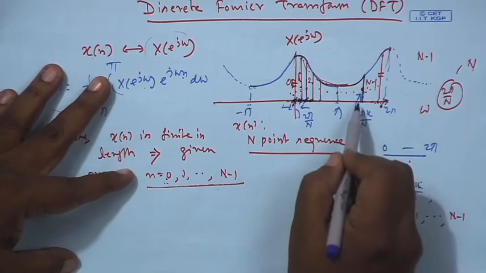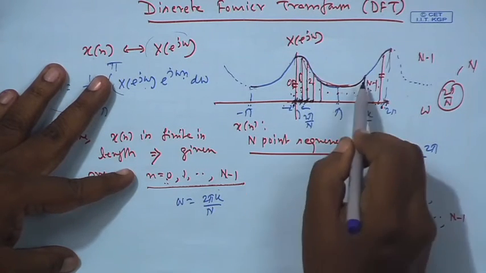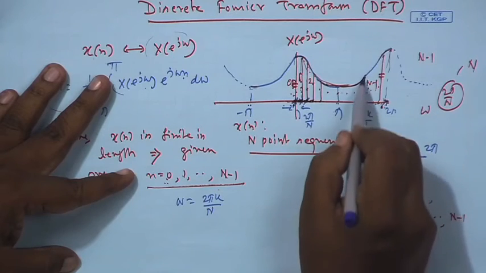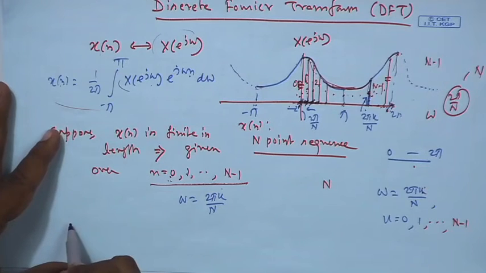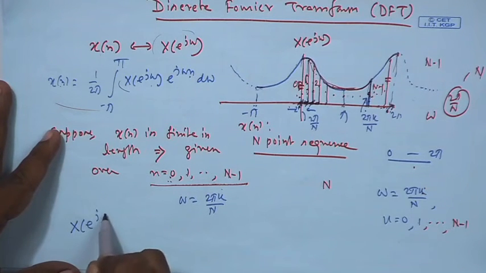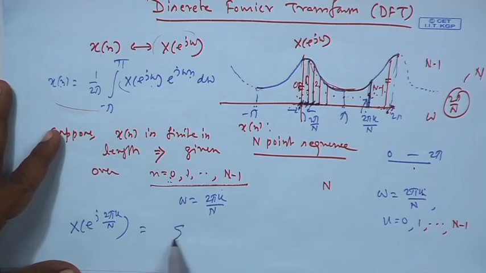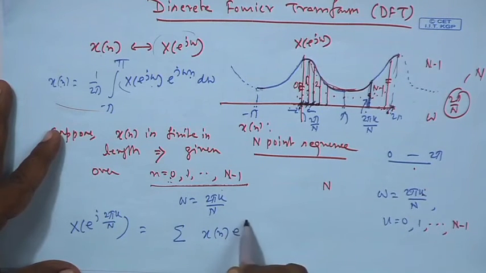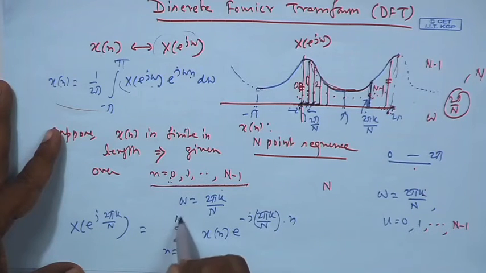So, here the general sample at omega equal to 2 pi k by N, how much is the value? That is the DTFT at this omega, that is, X of e to the power j, instead of omega, 2 pi k by N. By the DTFT formula, it will be the sum of x[n] e to the power minus j omega n, but omega is this, so 2 pi k by N times small n, and small n will be over the range, but the range is not from minus infinity to infinity, the range is only over this.